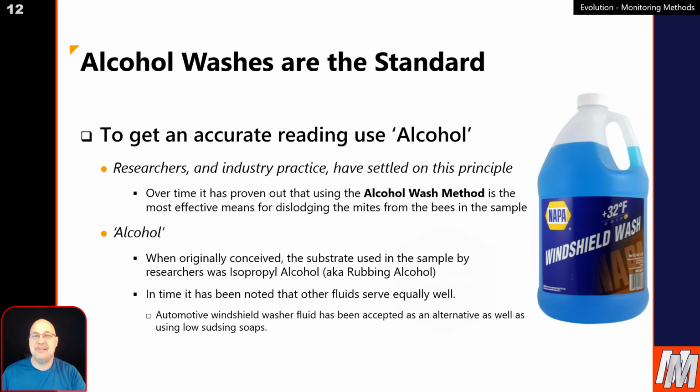It smells, it can be harsh on your hands and on your skin if you get it on there. In time, beekeepers have successfully experimented with other less harsh chemicals. One of the more popular ones being windshield washer cleaner fluid for your car. Now, what you choose is personal preference. You can go the traditional way, or you can switch out to some of the alternatives.